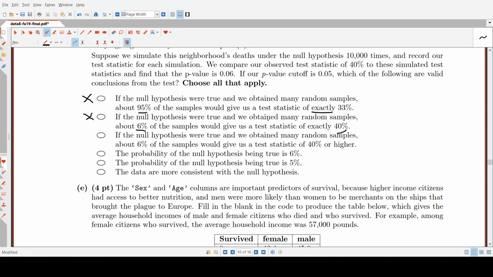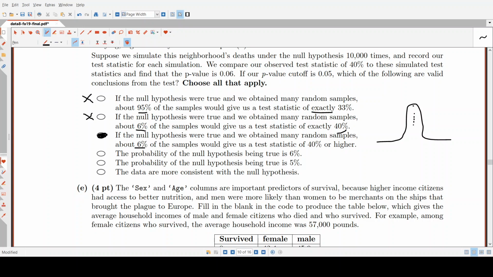The third option says if the null were true and we obtained many random samples, about 6% of the samples would give us a test statistic of 40% or higher. So this one is actually a valid conclusion. And here's why. This is a correct application of our p-value, which is 6%. So let's say we draw a bell curve.